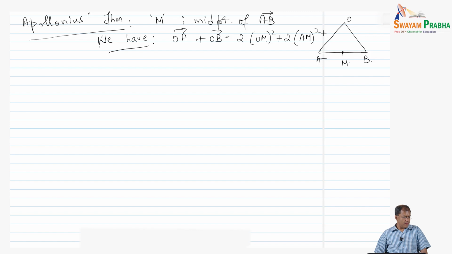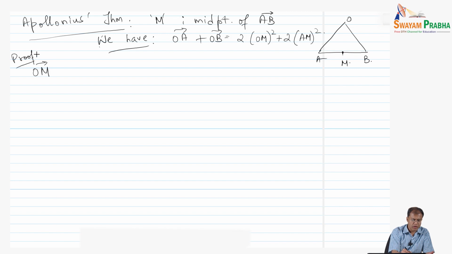Okay. So that is what the result asks us to show. So that could be very quick based on our previous results. We see that the midpoint M has a position vector OM.